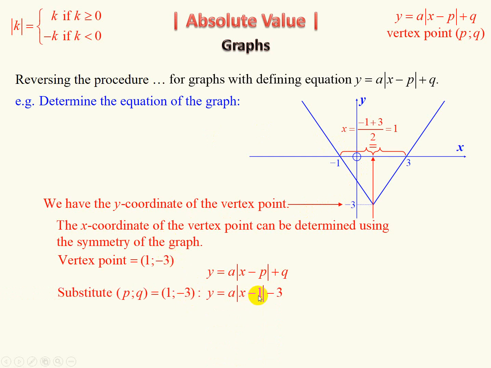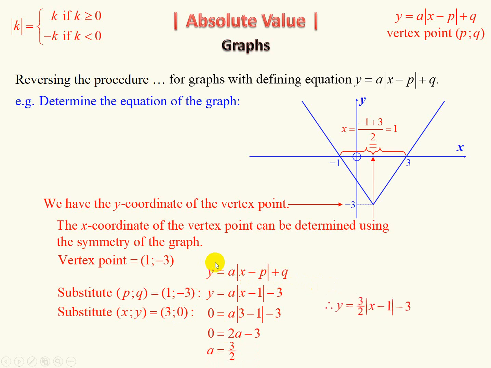X minus p, so x minus 1, plus q, so therefore minus 3. And I'll substitute the value 0, 3. I could have just as easily substituted negative 1, 0. It would actually give me the same answer. 2a plus a minus 3 equals 0. So a is 3 over 2. So there is our equation.